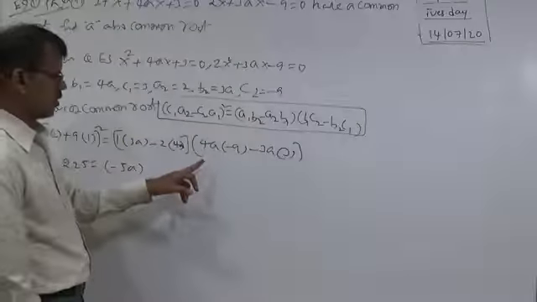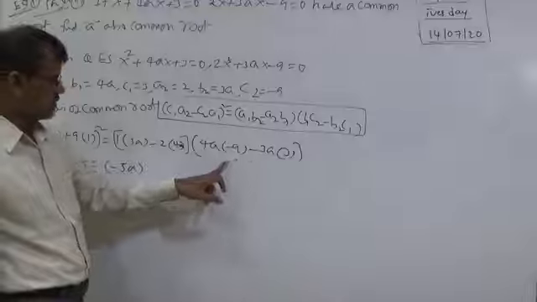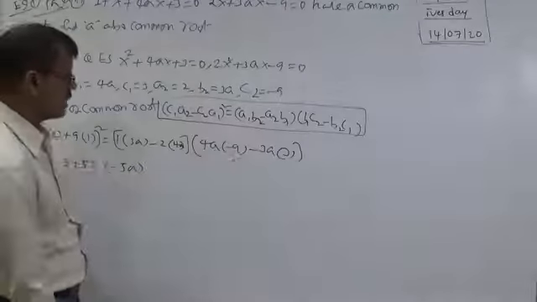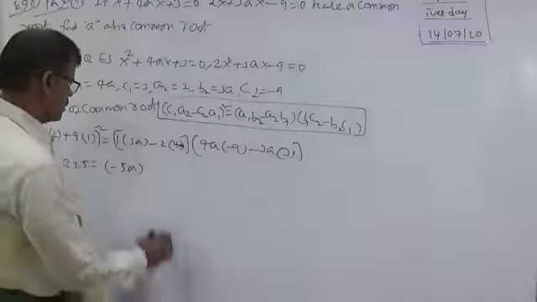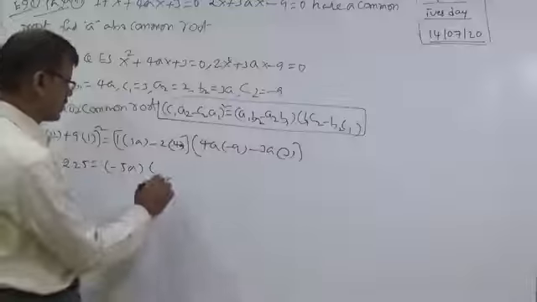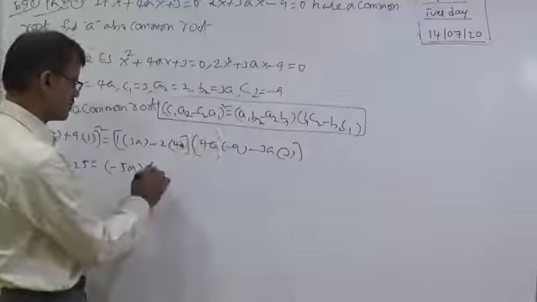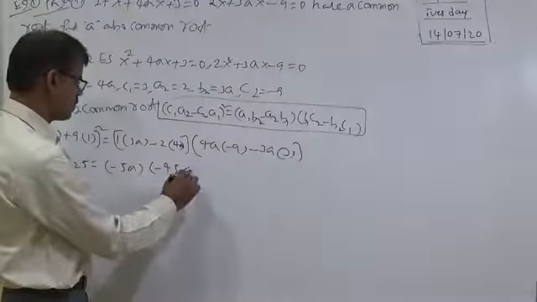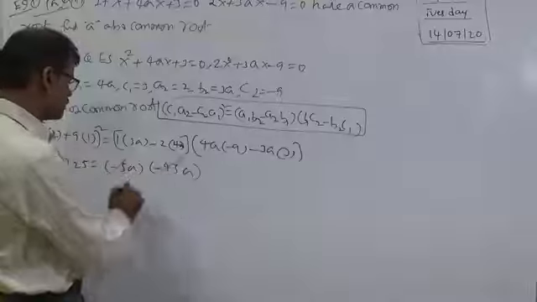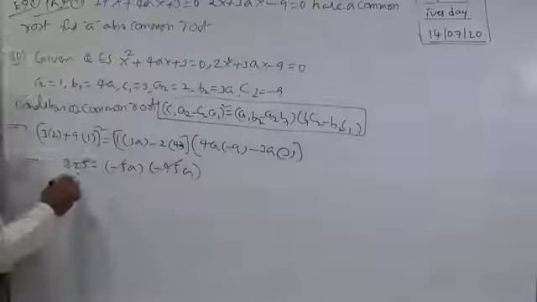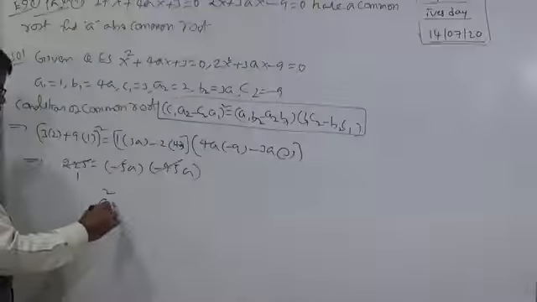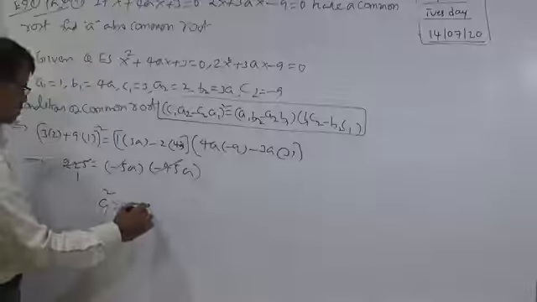Then 4 into 9 is 36, so minus 36a minus 9a becomes minus 45a. Minus and minus become plus, so we get 225a square over 225. Therefore a square is equal to 1.